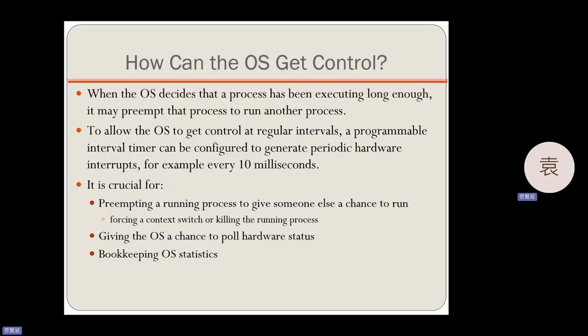So when the interrupt is periodically triggered and the operating system gets control, it can decide to do some bookkeeping, check the hardware status, or maybe do some context switching.